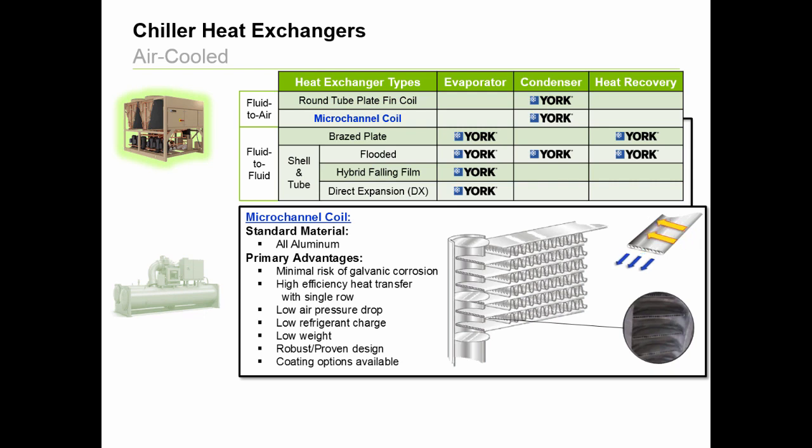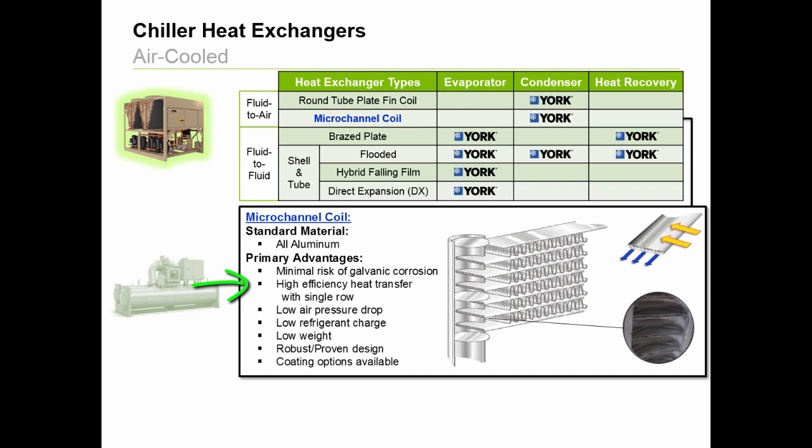One of the key differences between this type and round tube plate fin coils is they are all aluminum construction, meaning the coils, fins, and headers are all a common material. This has the advantage of no dissimilar metal contact, which delivers a very low risk for galvanic corrosion. Additionally, and usually more importantly, microchannel coils deliver more heat transfer per volume of coil compared to round tube plate fin coils.